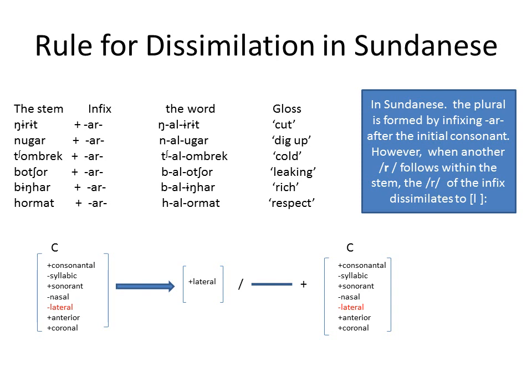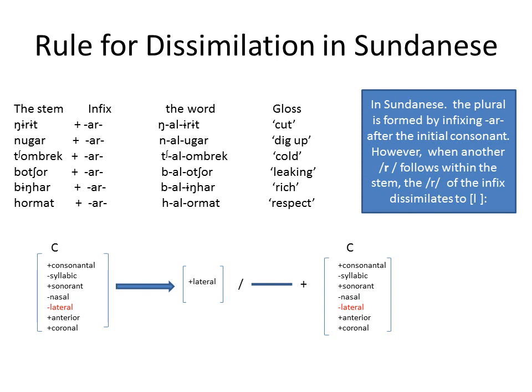The underlying representation of the sound that causes the change has minus lateral feature. That is to say, the two sounds that receive and cause the change respectively have the same underlying representation.